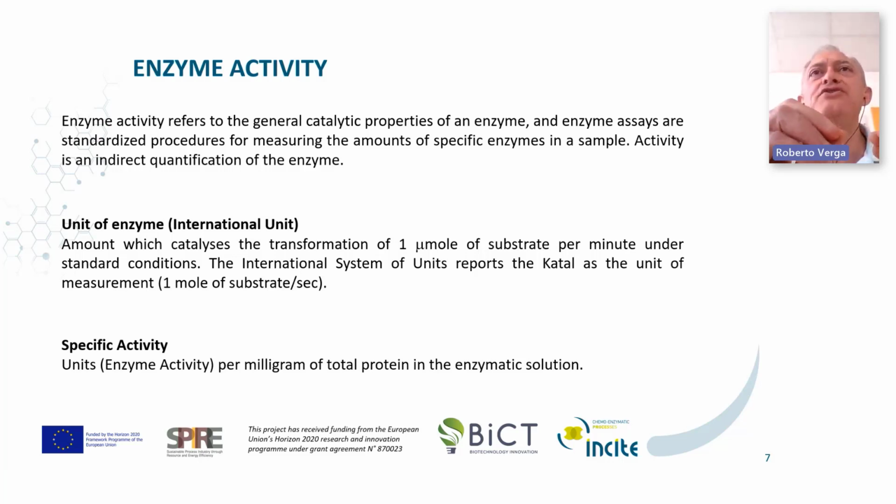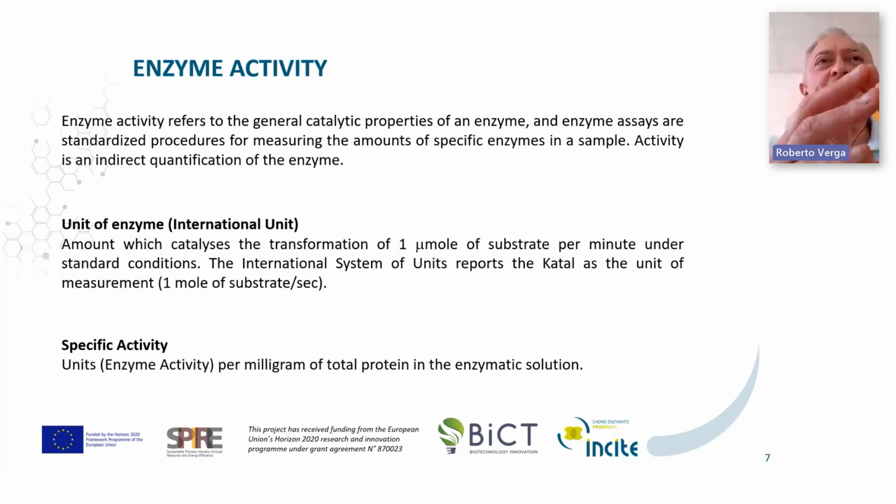Practically, we measure the specific catalytic capacity. This catalytic capacity is called activity. That's why we usually talk of enzyme activity, to know how many enzymes I have and if they can work. Practically, the activity has a measurement unit, and it is called unit. Very simple to remember also.